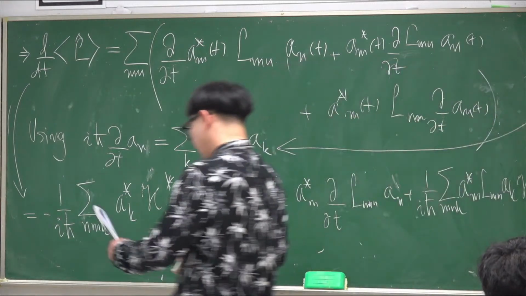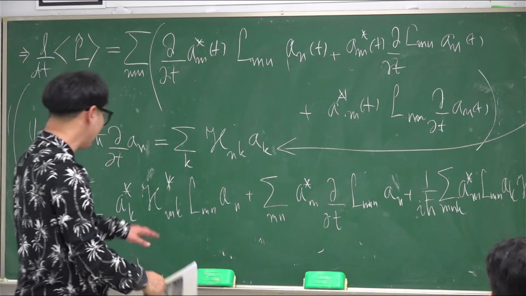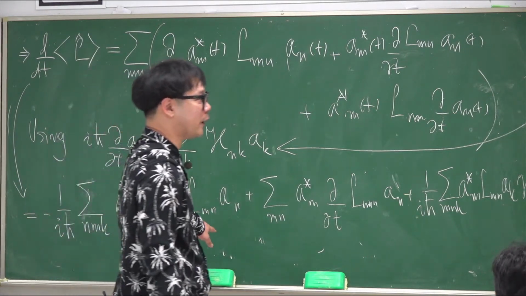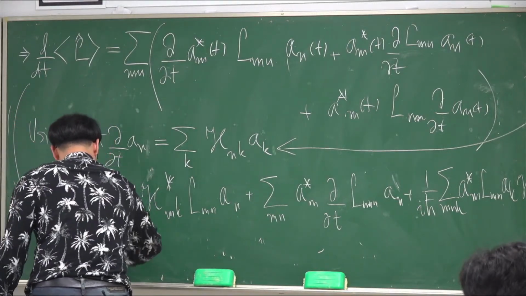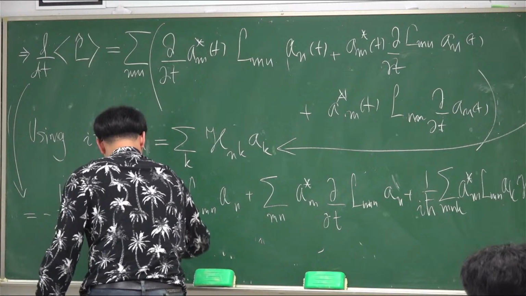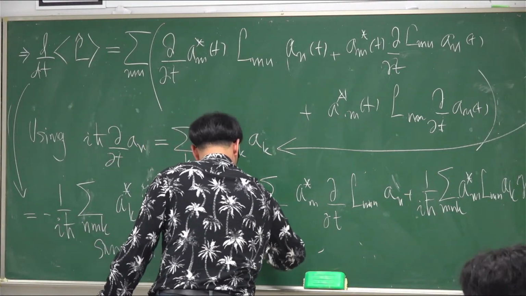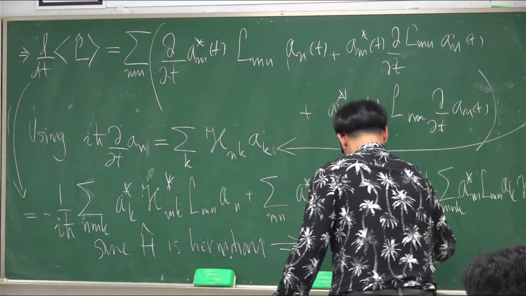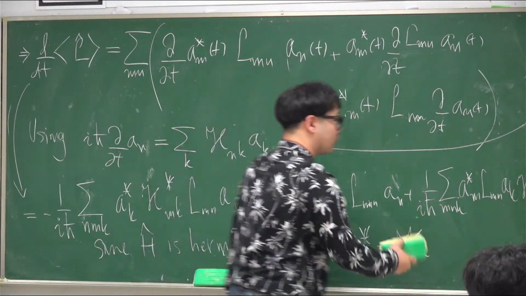Okay, so since this is the Hamiltonian element, right? Okay, or the matrix element. So since H is Hermitian, so it means that this one, right?